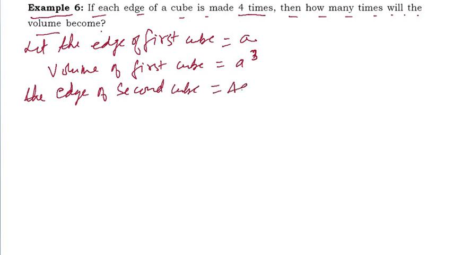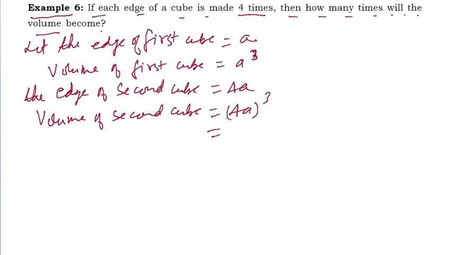So you have to write 4a. So volume of second cube is 4a cube. That means 4 fours are 16 and 16 fours are 64, so 64a cube.